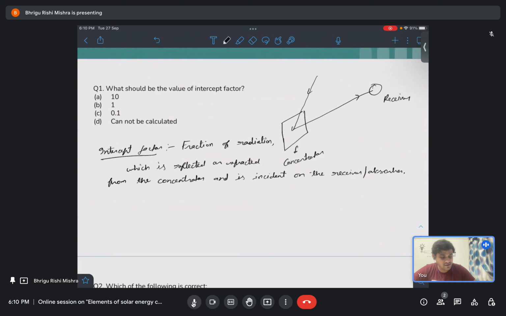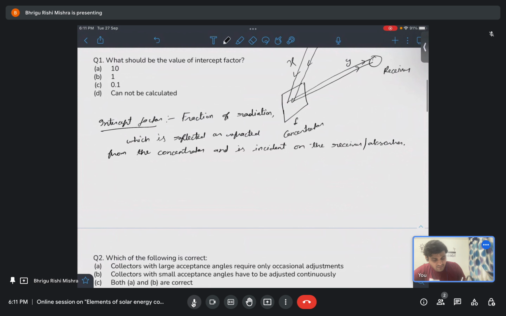So that means suppose x amount of radiation is hitting this concentrator, then y amount of radiation is going to the receiver. Suppose this is x and this is y. So basically the intercept factor is y by x.